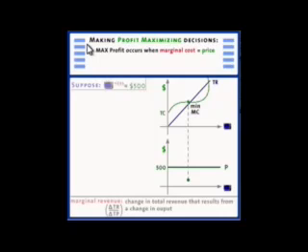Now, two other points that I want to notice. First of all, this point right here, this output level, in our last lecture we called this output level Y star. This is an output level at which the slope of the total cost curve is the same as the slope of the total revenue curve. This is an output level at which price is equal to marginal cost. So marginal cost at this point will be equal to price. And I can call this point Y star, just like I did before.